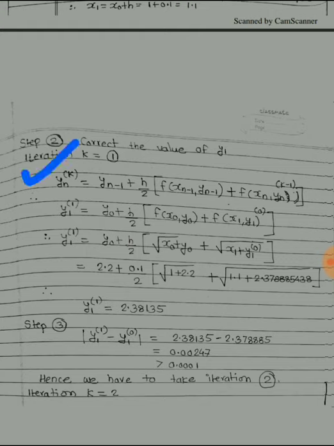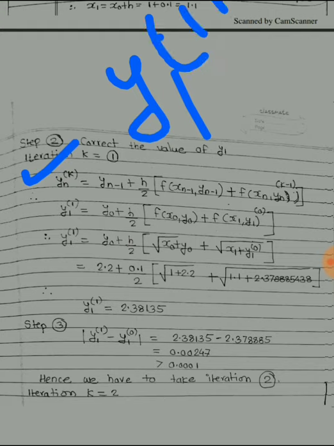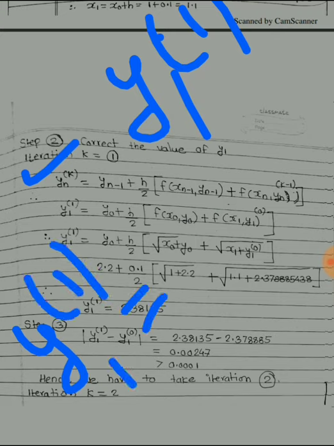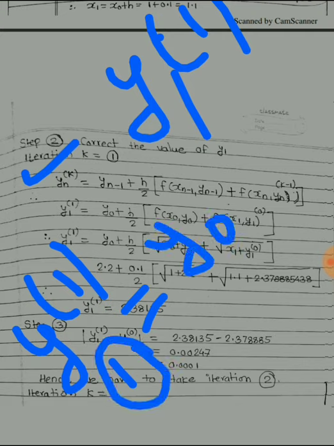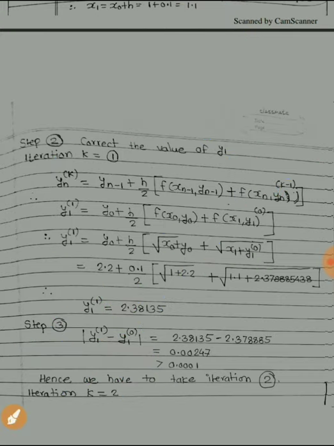For this case, where we have just calculated the value of y1 and we are taking the first iteration for correction, this becomes y1 raised to 1 is equal to yn minus 1, where n is equal to 1, so yn minus 1 becomes y0, plus h by 2 as it is, into f of x0 y0 plus f of x1 y1 raised to power 0.